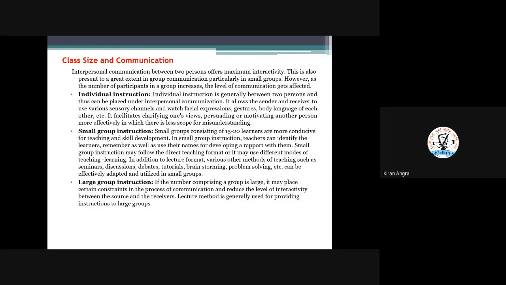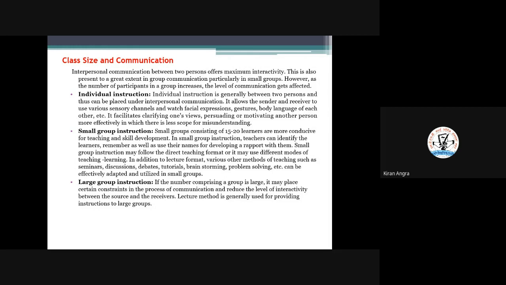Small group instruction, if there are between 15 to 20 learners, for conducive teaching and skill development, these small groups help to identify the learners. Sometimes in small groups, the teacher can call them by their names. They can set their rapport with them, and it is easier to address the individual learning needs.